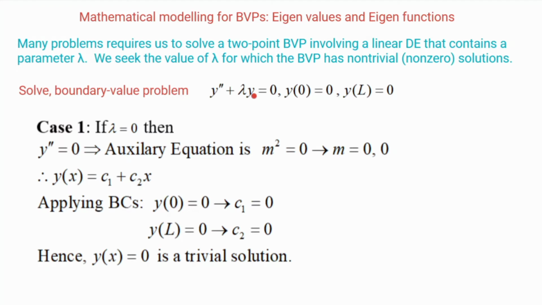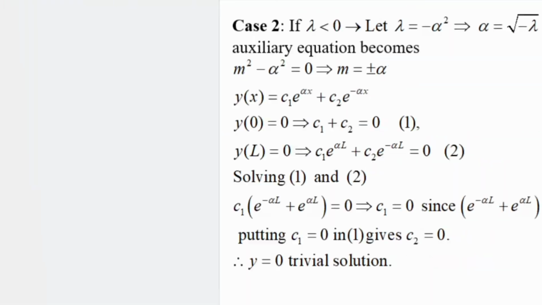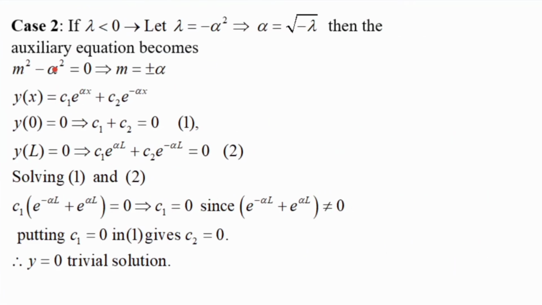The auxiliary equation becomes m square minus alpha square equal to 0. When we solve this, we get m equal to plus minus alpha. So we can write the solution as c1 e power alpha x plus c2 e power minus alpha x. This is the general solution.